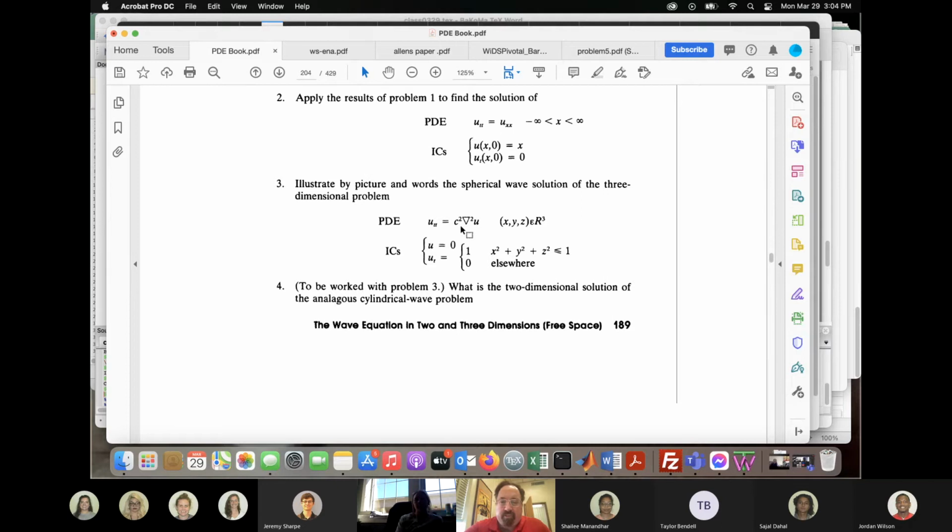If you want, you can assume that c equals 1. So the discussion I gave about how a solution behaves in 3 dimensions is what comes up here. So the behavior would be based on that. Okay, thank you.